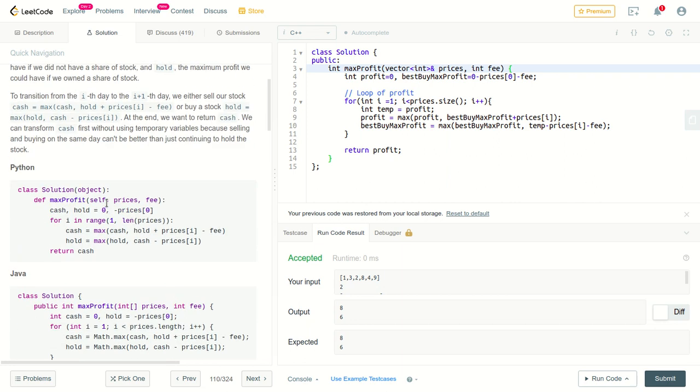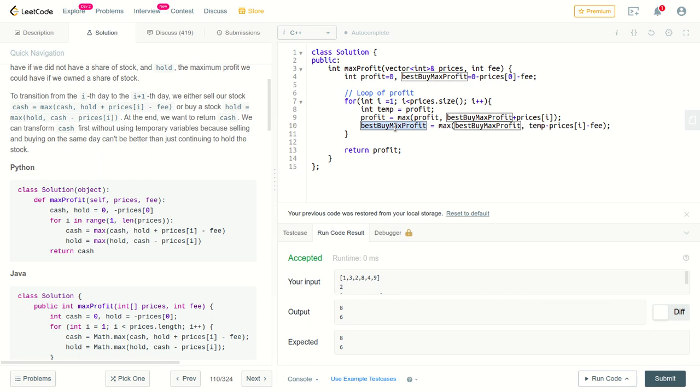So it says self.prices, okay. So cash and hold, it is 0 and minus, exactly what we did, price at 0, and we also subtracted the fees over here. So I think this is cash and this is hold, so that is analogous to this profit and this best buy max profit.